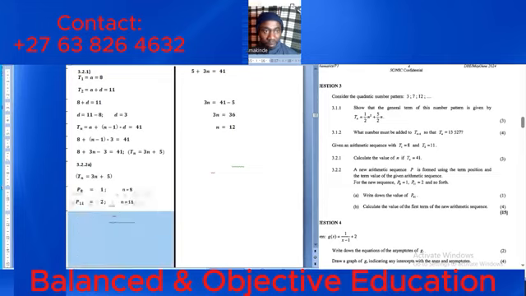So therefore, the values in the P sequence correspond to the position in the T sequence, and the position in the P sequence will correspond to the value in the T sequence.